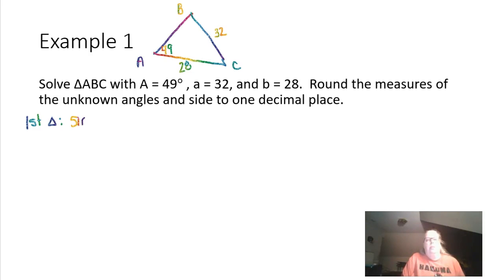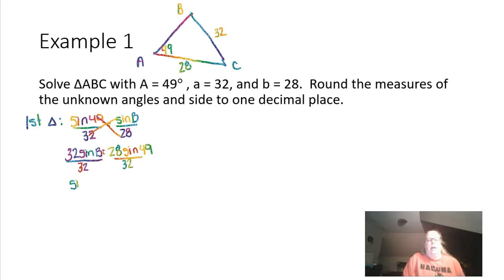So the sine of 49 is to 32 as the sine of angle B is to 28. We can solve this by cross multiplying. We'll have 32 times the sine of B equal to 28 times the sine of 49. Let's divide both sides by 32.